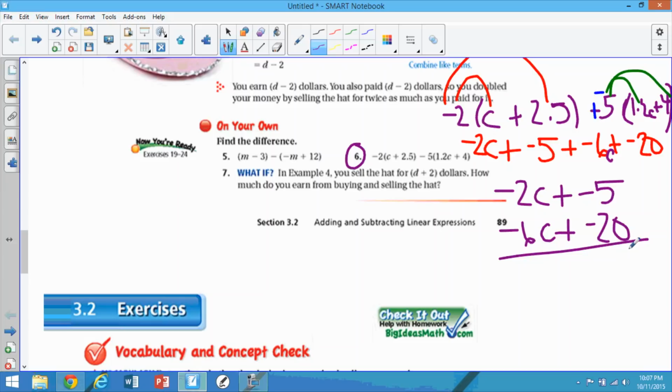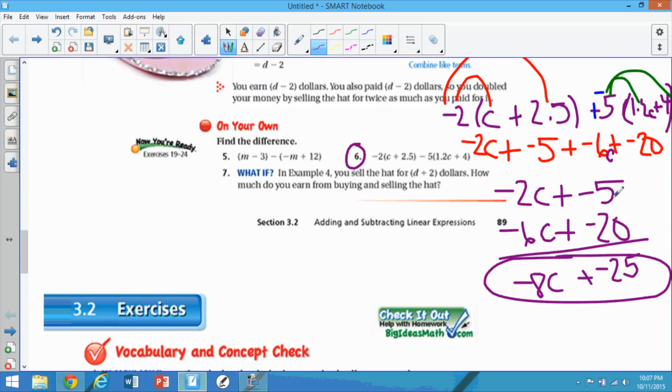Okay, then you add -20 plus a -5 is a -25, plus -2c plus -6c is -8c. So that's our answer: -8c plus a -25. That would be your answer. That's how you would do it with the distributing.